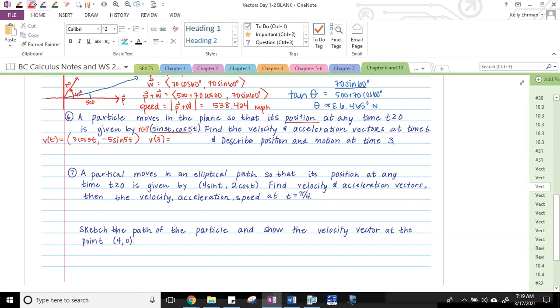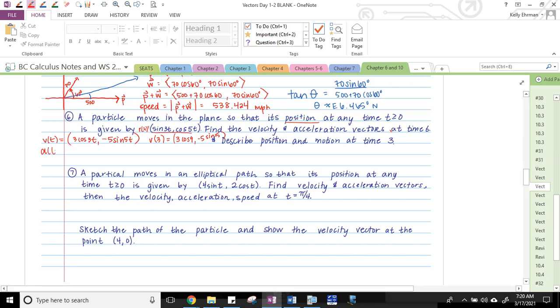So v of 3 is 3 cosine of 9, negative 5 sine of 15. I'm squeezing it in there. Those are not degrees, so I'll have to switch back to radian mode.